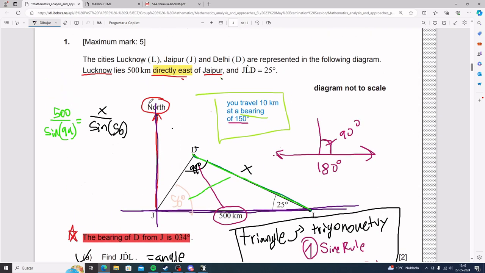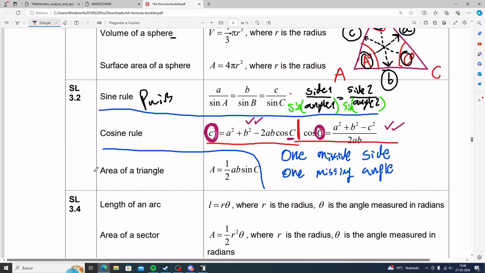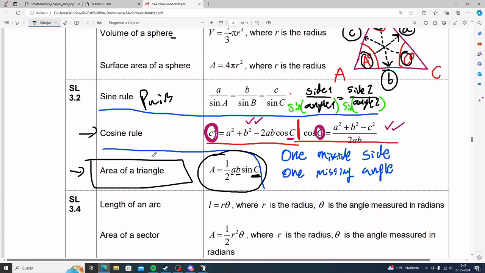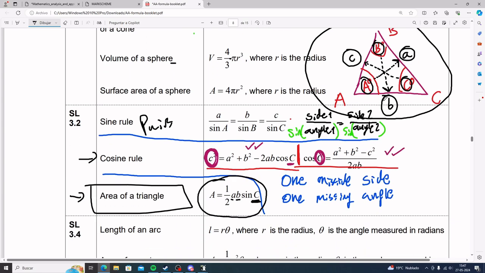And actually, once you understand all of that, the last hint I'm going to give you is that for the area of a triangle, you need one angle and the sides next to it. You can probably check another one of my videos where I use this area of a triangle formula or cosine rule, but at least I wanted to give you the hint of how little a, big A, and all that stuff works so that you actually understand these formulas and you can use them yourself.